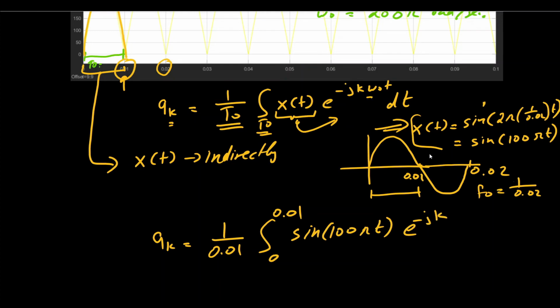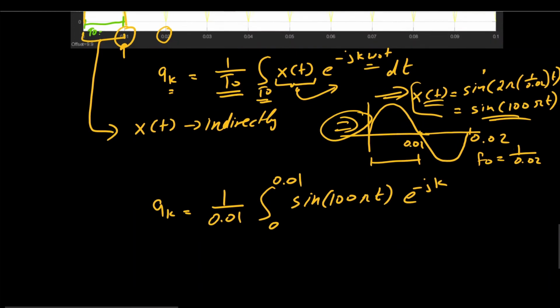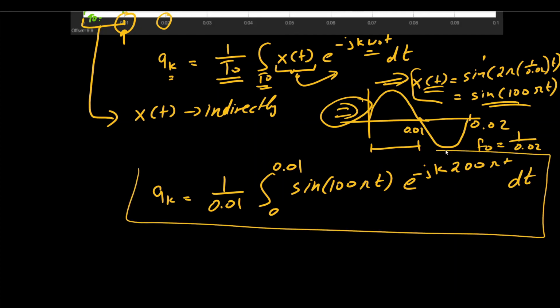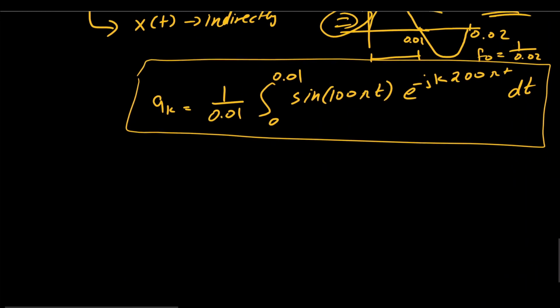Now omega naught would come from this part, right? So this was just a workaround which helped us to find x of t in terms of the sine function. So this omega naught would be from here, that is we have e to the minus jk 200 pi t and dt. So this is our reworked analysis expression for this periodic signal. Now let us proceed to solve that.